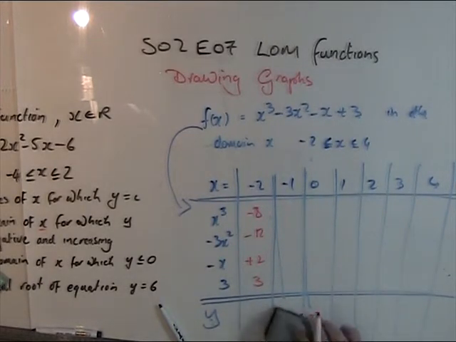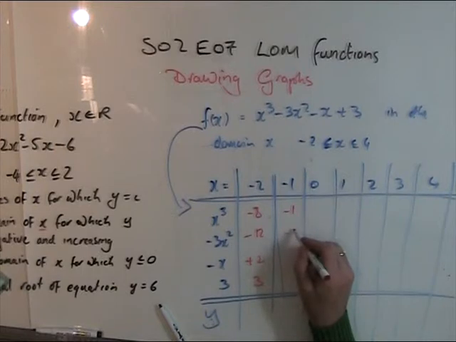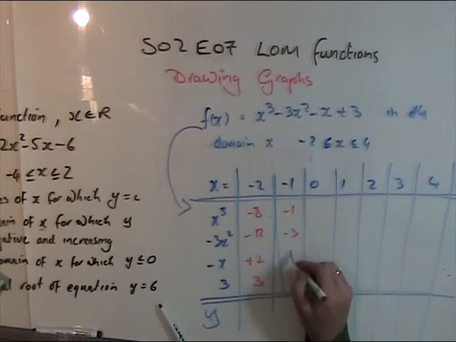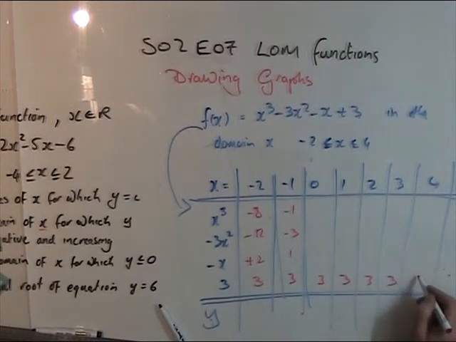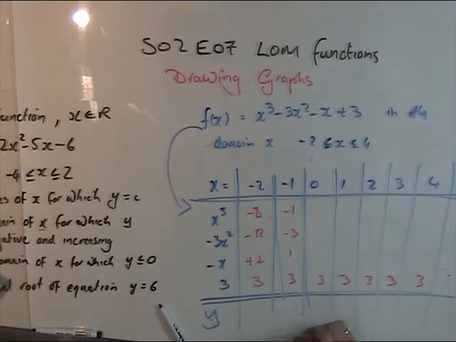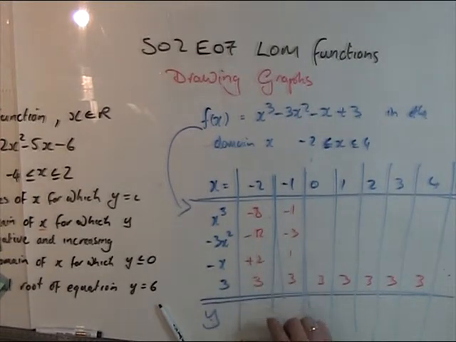Right? So we go along and we do all these values, and we get out these values, and then we have 3 all the way across, because 3 doesn't change. Now by adding these values, minus 8 minus 12 is minus 20, plus 5 is minus 15.